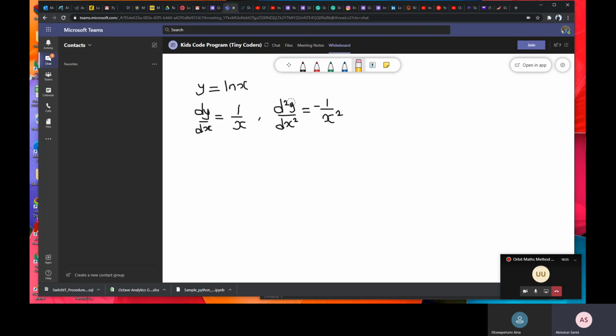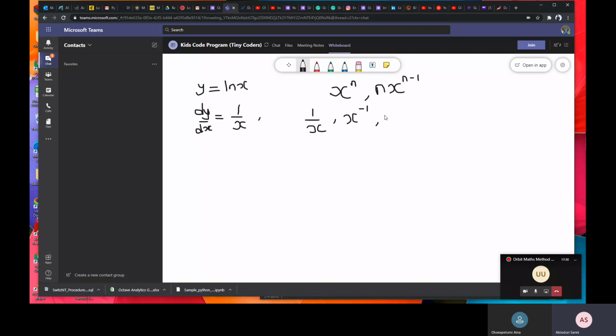Okay, so if you want to differentiate, say, x to the power n, for example, how do you differentiate this? That will be the power, n, times x to the power n minus 1. Good. Now, 1 over x is the same thing as x to the power minus 1.